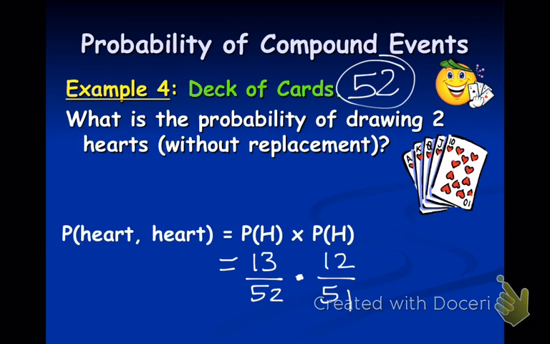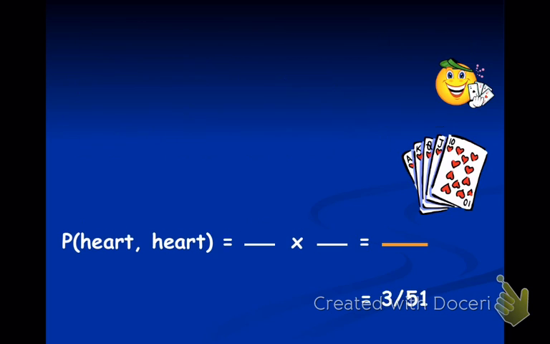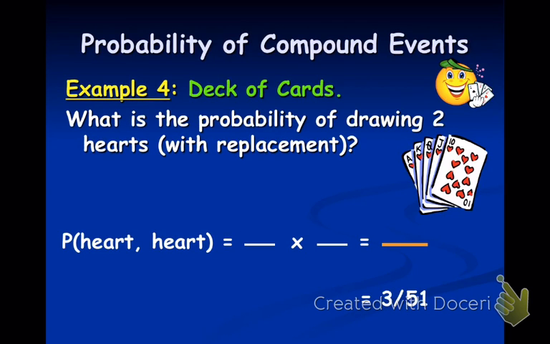I'm just going to remove this because it's already animated on the next slide, and I don't want to write it out. So we're going to go ahead and multiply the 13 times the 12, and 52 times 51. We multiply those out. We reduce this. In this case, we are reducing by, I believe, 52.